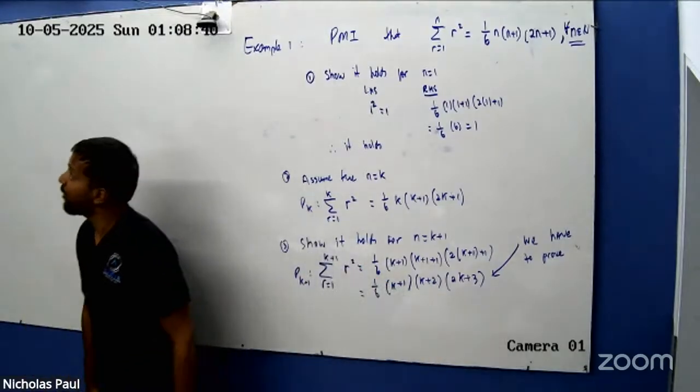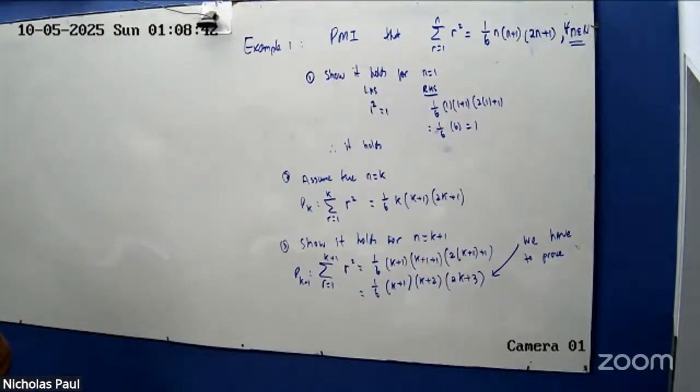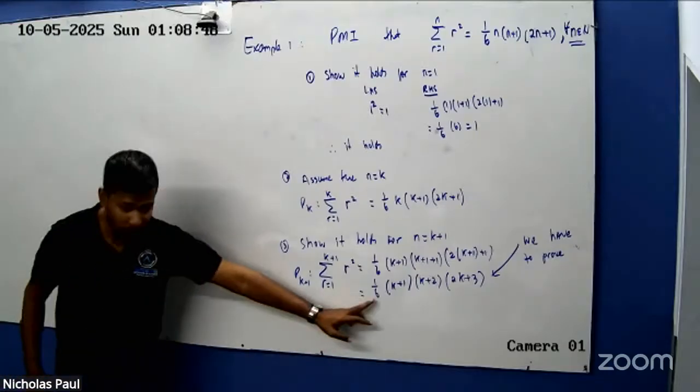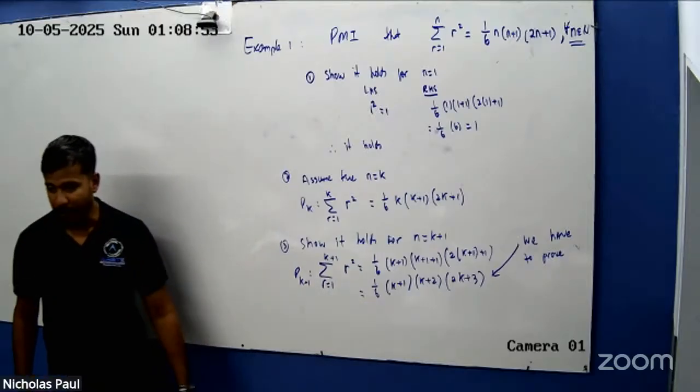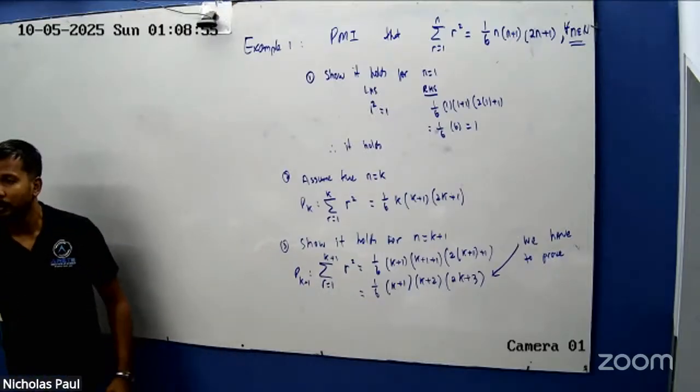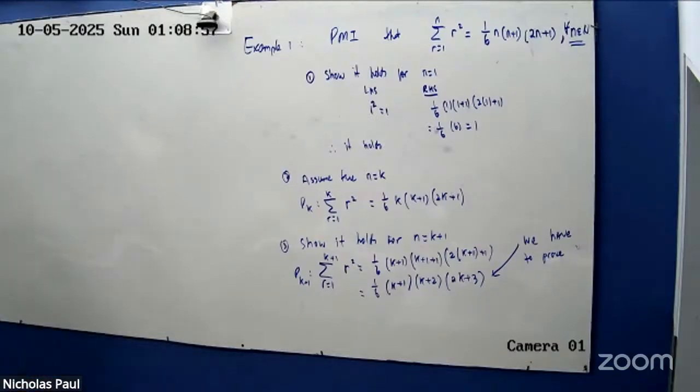Anybody online confused? Right. So now we have to figure out how to prove this, how to show this equal to this. So we have to show why the k plus 1 statement is equal to that.